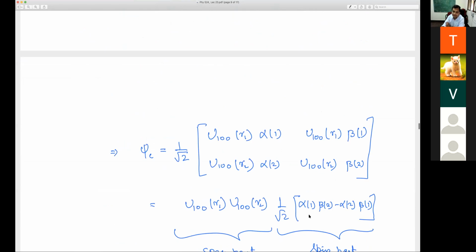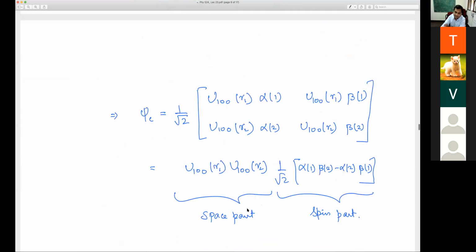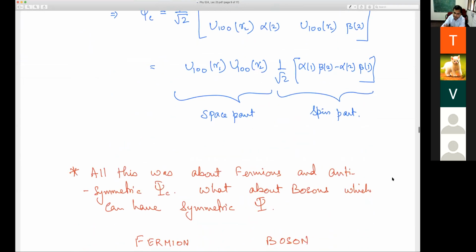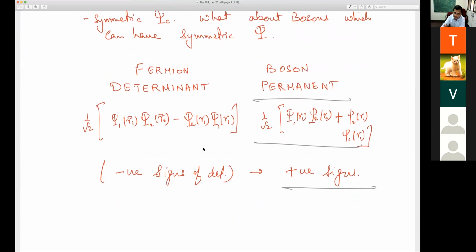If I write it down, it turns out that the space part is symmetric and the spin part is antisymmetric. So even if you are not working with fermions and bosons, you can use this to construct symmetric and antisymmetric wave functions. Permanents will give you the symmetric part of the wave functions.